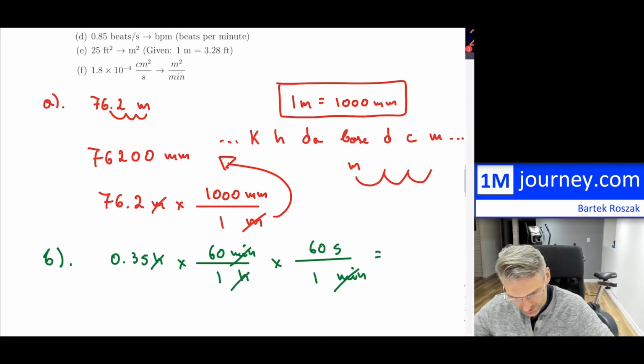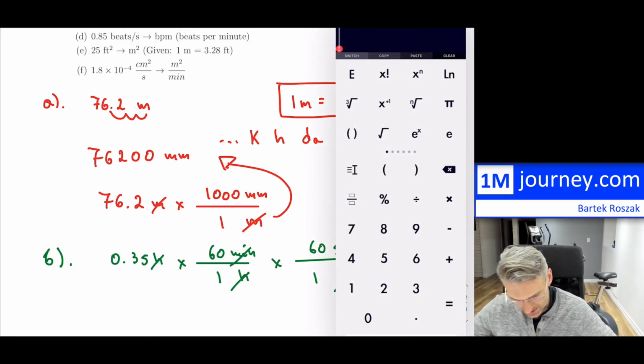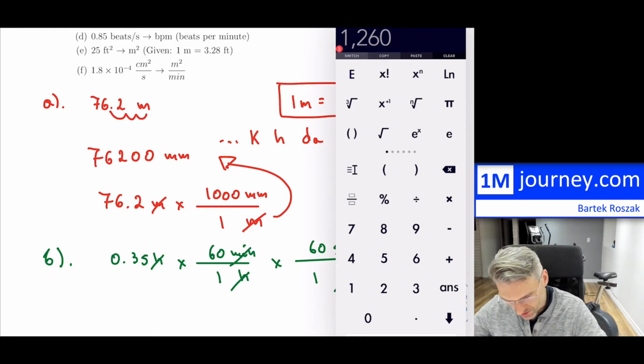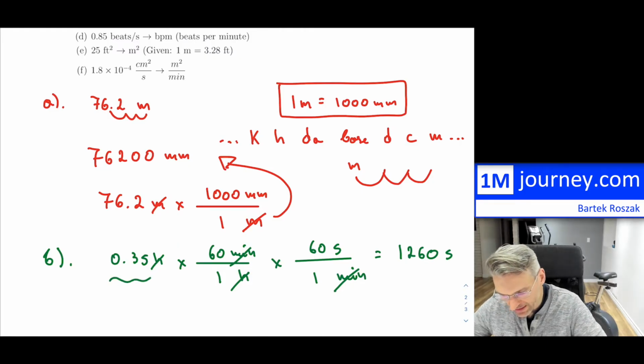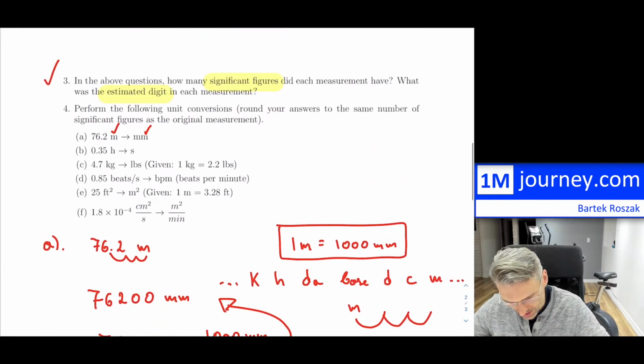So let's just take a look and see what this gives us. So 0.35 hours. Well, it's going to be a lot of seconds. Times 60 times 60. So 1260 seconds. Now, it does say, so within here, I can just kind of say, round.